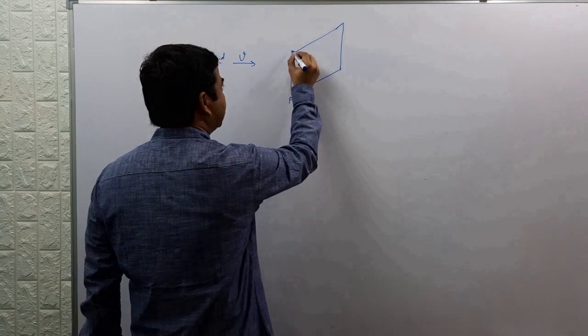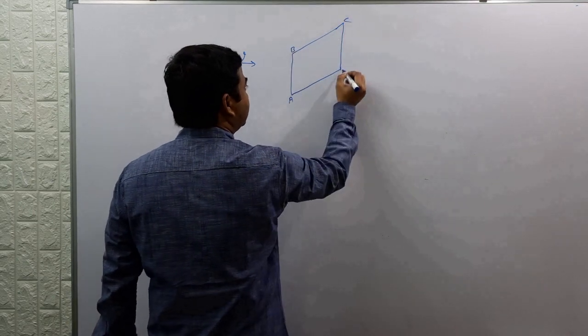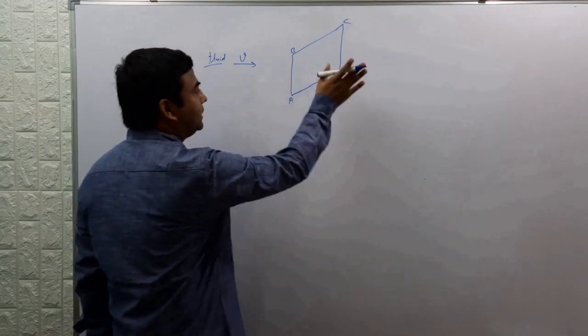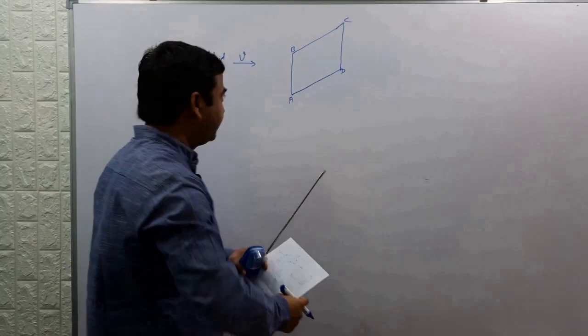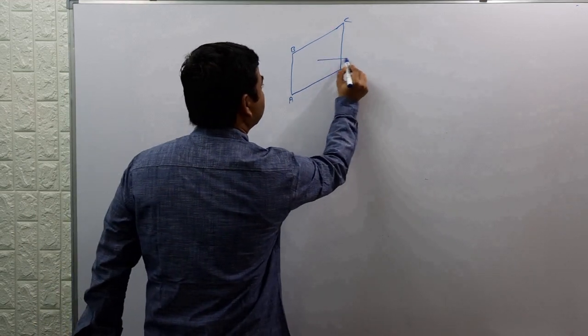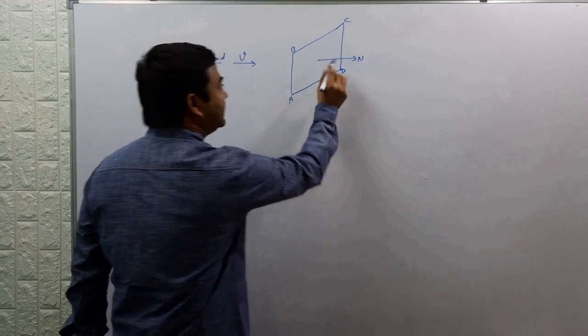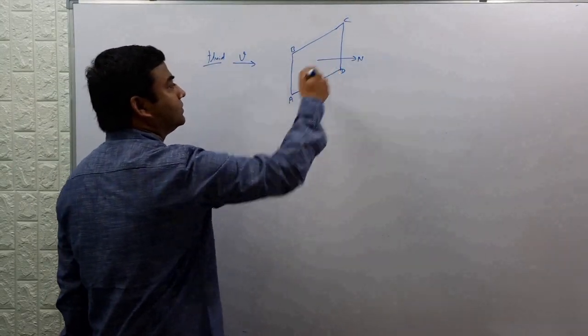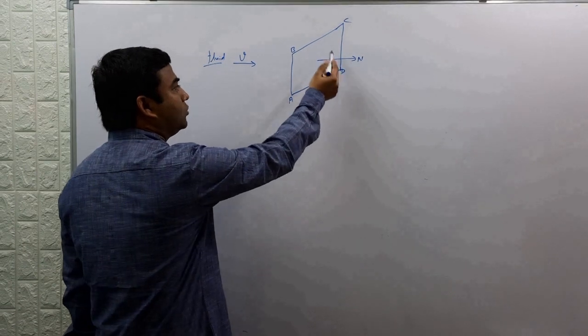Let this rectangle be A, B, C, D, and this is N. This N is a perpendicular on this area.